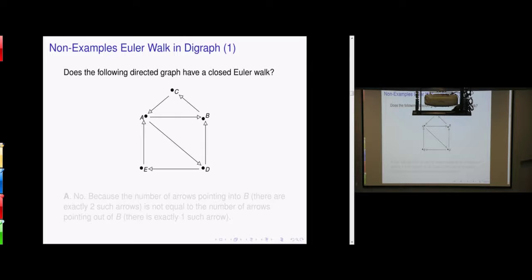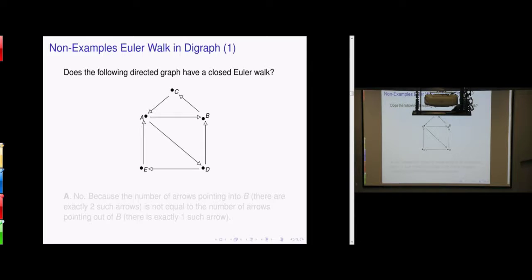Is this true? For C, one arrow in, one arrow out. How about A? Two arrows in, two arrows out. Now how about B? Two arrows in, one arrow out. So no, it doesn't satisfy Euler's theorem.